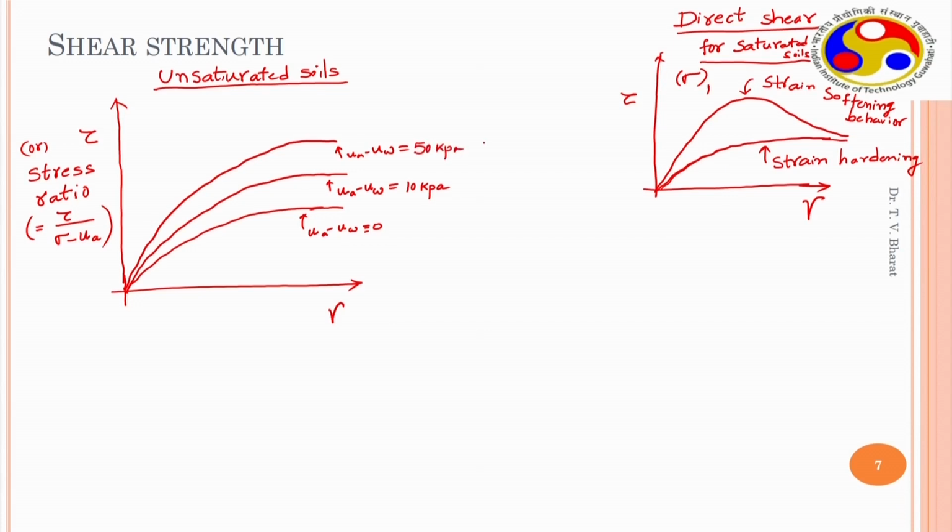Interestingly, if you increase the suction value beyond this, it is observed that it behaves in this particular manner. So, let me redraw this with a different marker color.